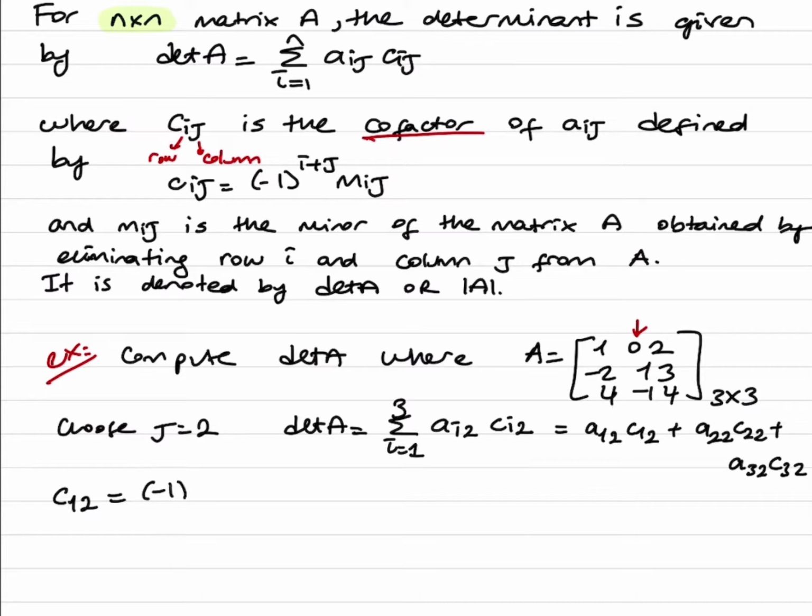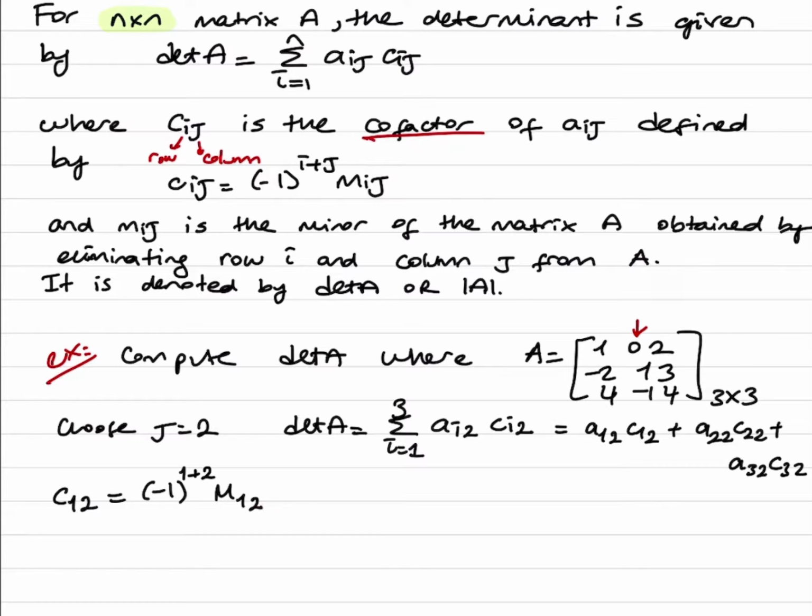It was minus 1 to the power i plus j. i is 1 here, j is 2 here, 1 plus 2, m12. What is m12? We obtain it by eliminating row i and column j from A. So we will eliminate the first row and second column.